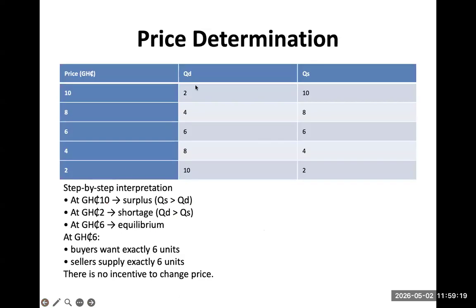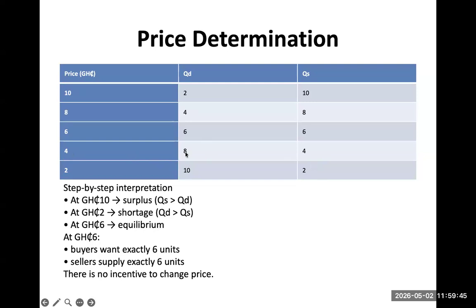Let's use the hypothetical table. At the price of 4, consumers are buying 8, but suppliers supplied 4 units of the product.